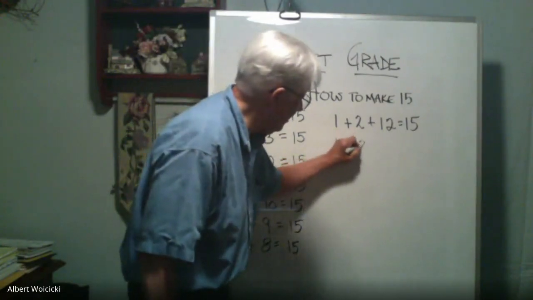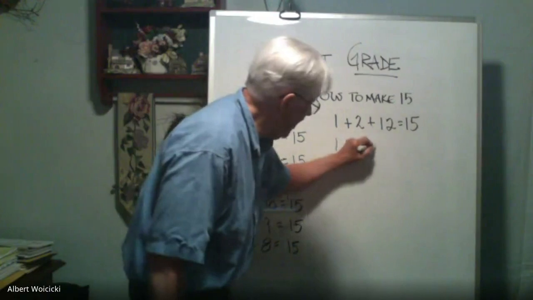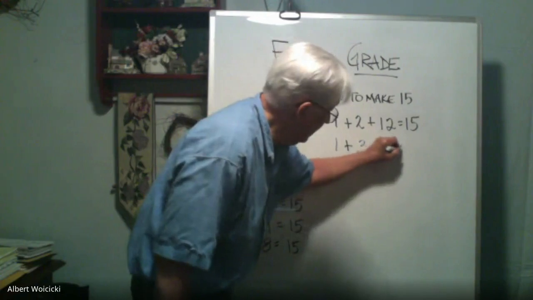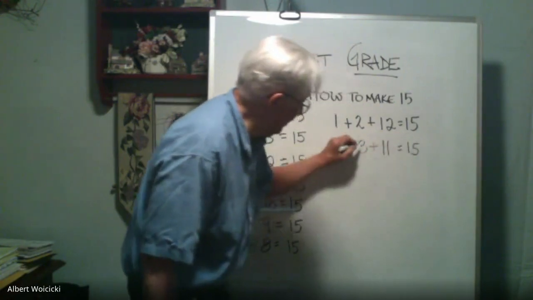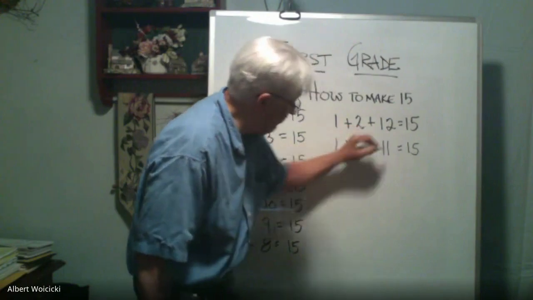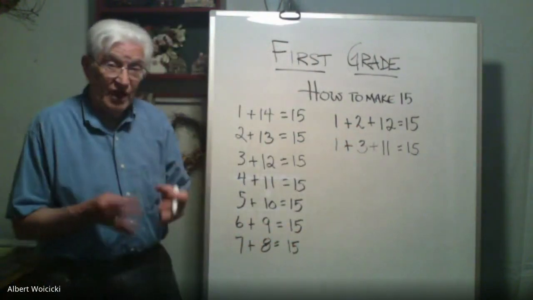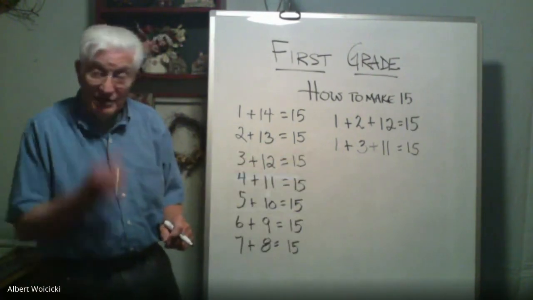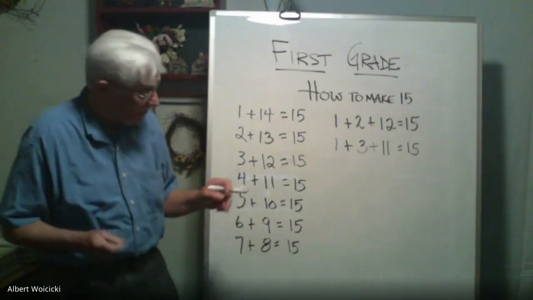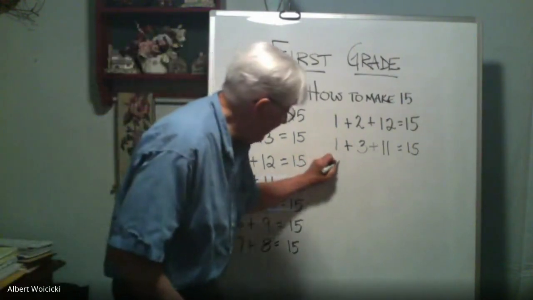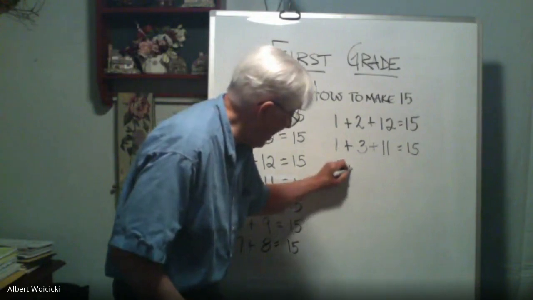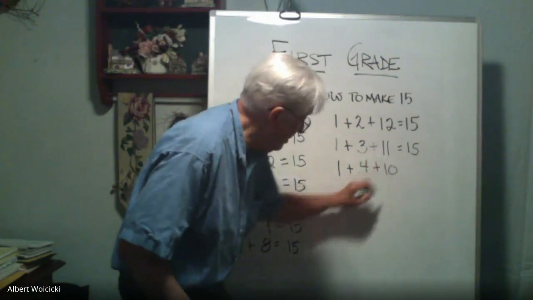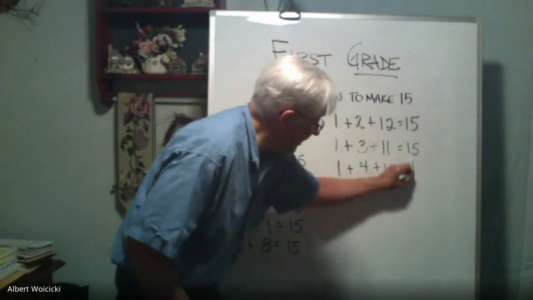So I have 1 plus 3, and this now becomes an 11 equals 15. Because this guy got bigger, this guy here has to get smaller. So I have a different set of numbers that still make 15. And again, my next set will start with a 1, but now I get a 4 plus 10. And it also equals 15.